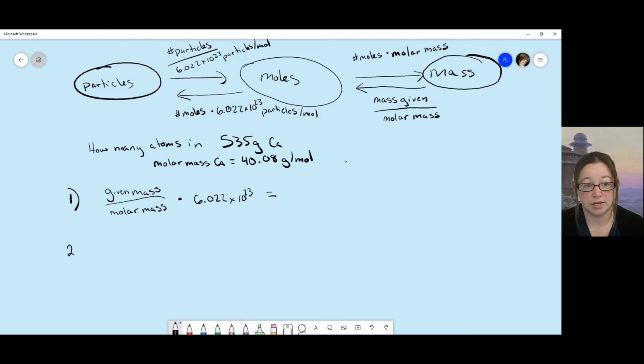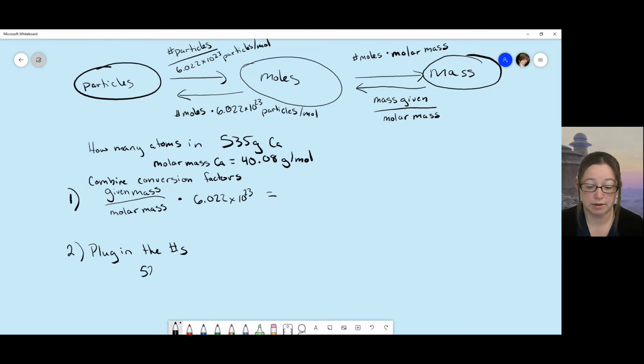So the second thing I'm going to do is plug in the numbers. And this one was combine conversion factors. All right, so I'm going to plug in the numbers.